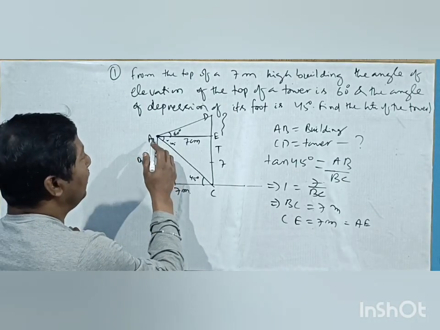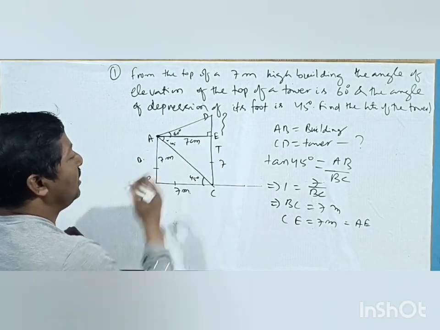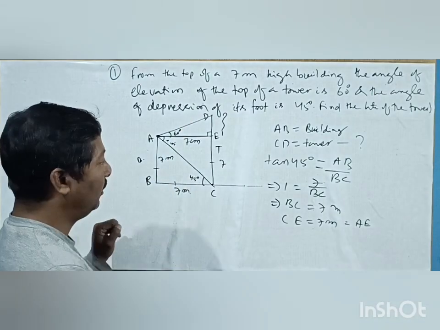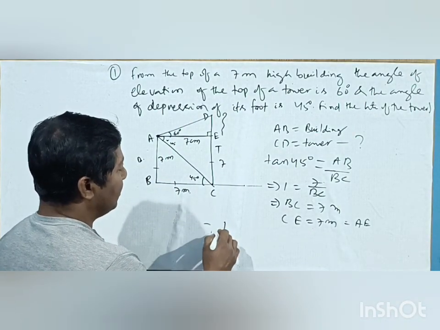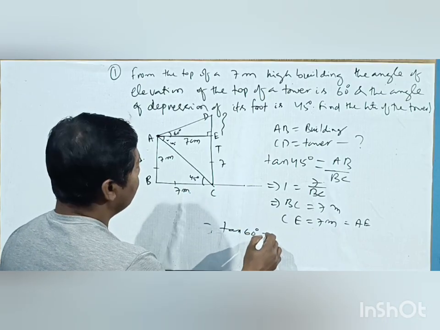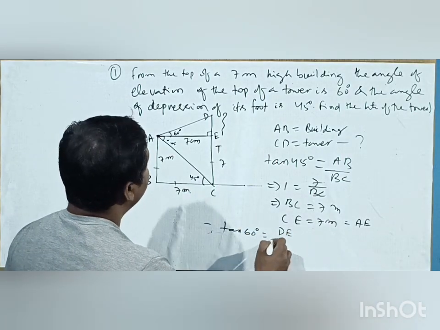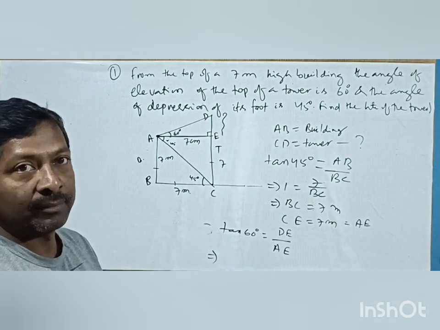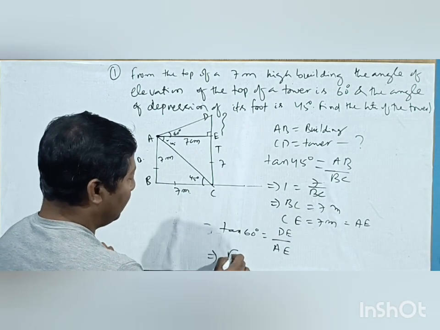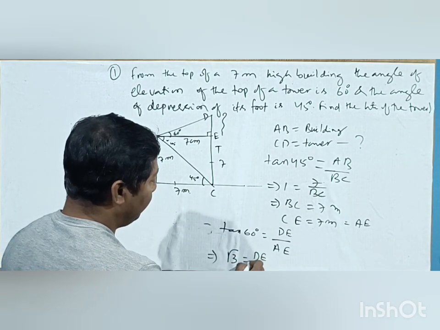So in the right angle triangle AED, see AED right angle triangle, tan theta, tan 60 degree equal to DE by AE. Tan 60 is how much? Root 3. Root 3 is equal to DE by AE.